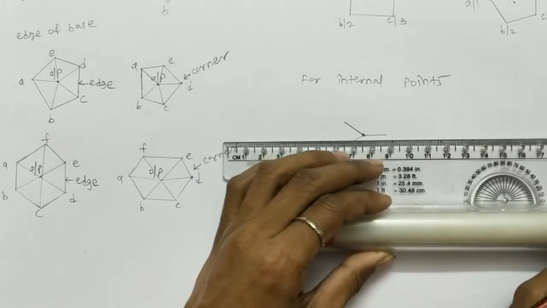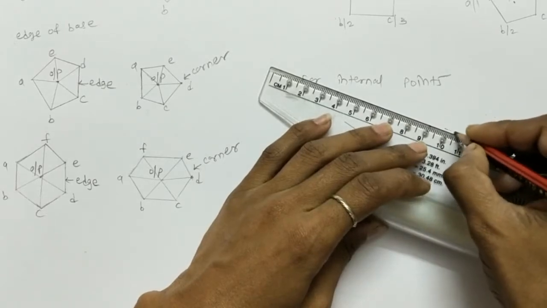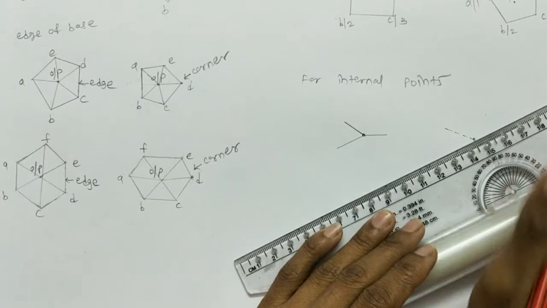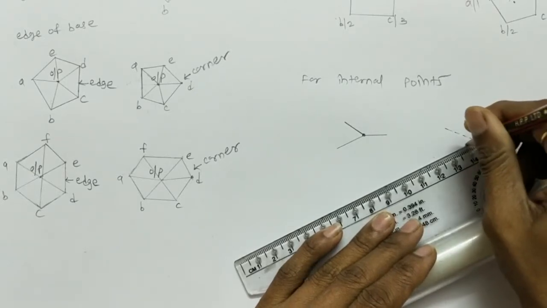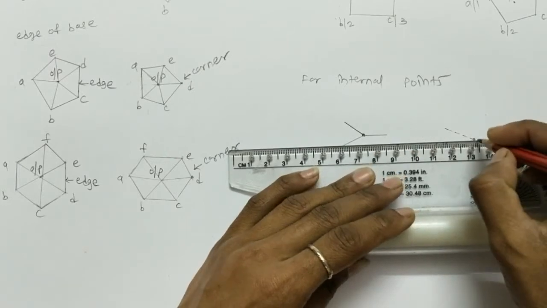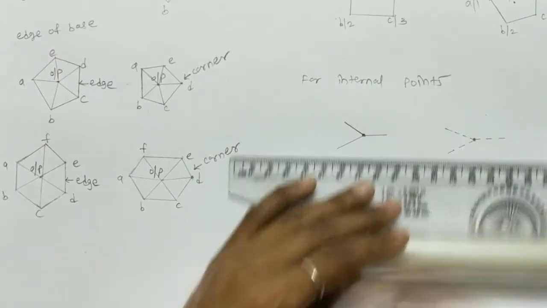And when two lines are dotted from a single point, then third line will also be dotted. This is the condition for internal points.